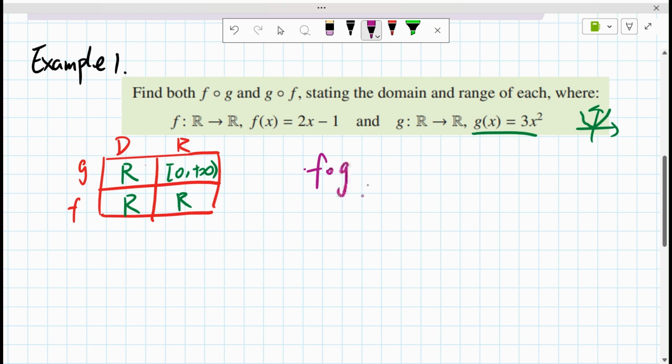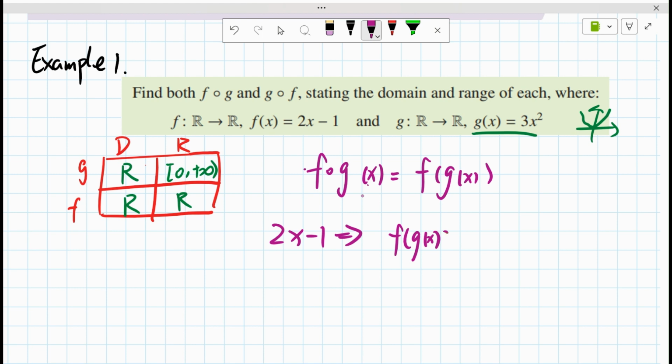First, we write f(g(x)) equals f of g(x). We substitute g(x) into f(x), so 2x minus 1 changes to f(g(x)) equals 3x squared minus 1.